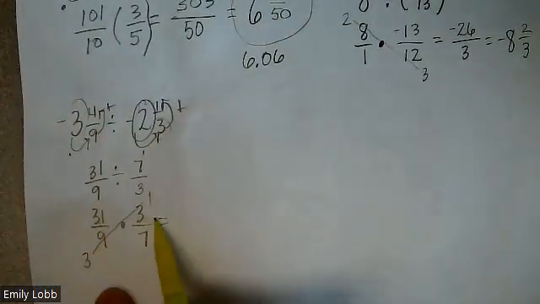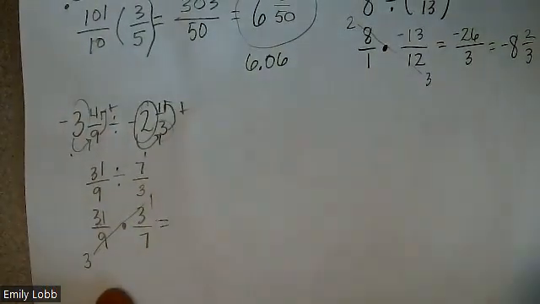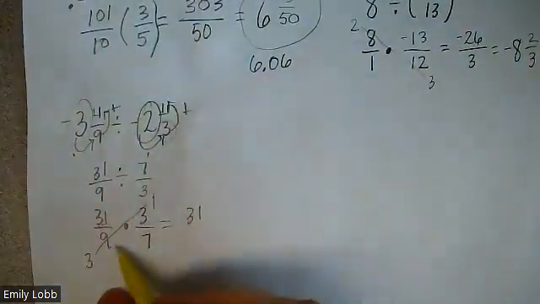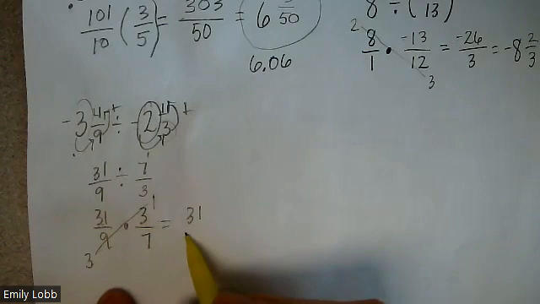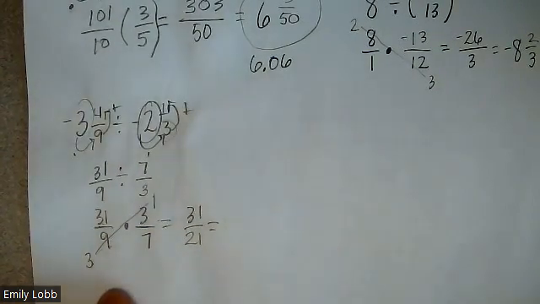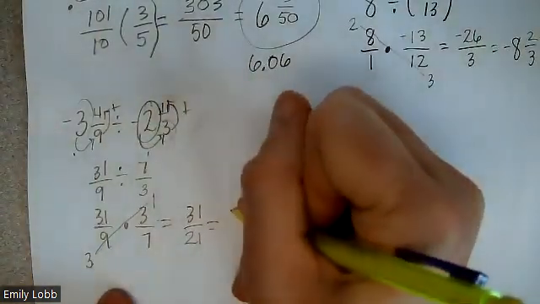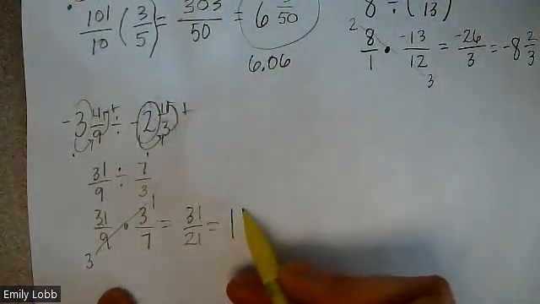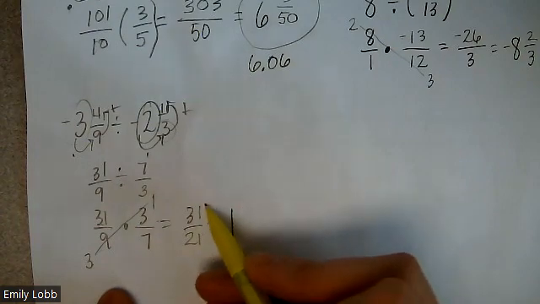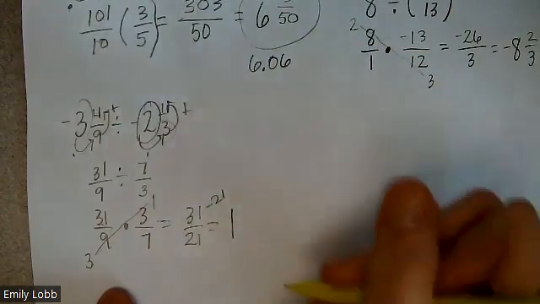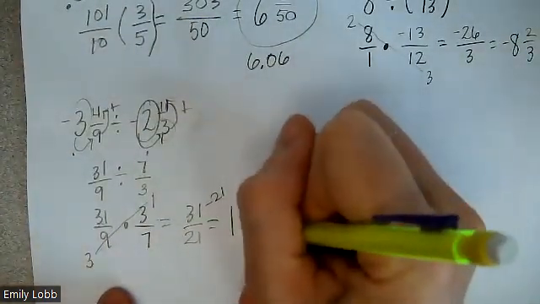Now I'm multiplying across. 31 times 1. And remember, this isn't 9 times 7, it's 3 times 7, which is 21. How many groups of 21 can I take out? 1. We said this was positive, right? 1 and 11. No, careful. What's 31 minus 21? 10.